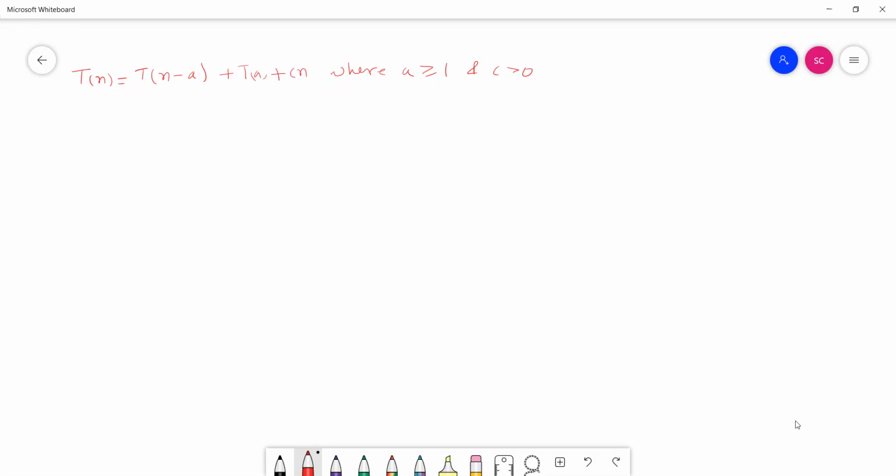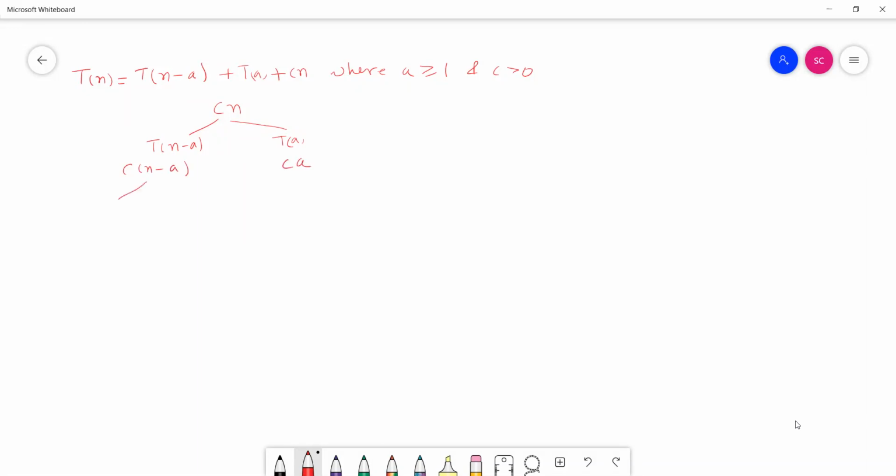Because we do not know the value of a, and obviously we are ignoring the value of a. So it means that after doing Cn amount of work, we are getting two subproblems, one of size T(n minus a) and one of size T(a). So here again I will do C into (n minus a) amount of work. Here I will do Ca amount of work.